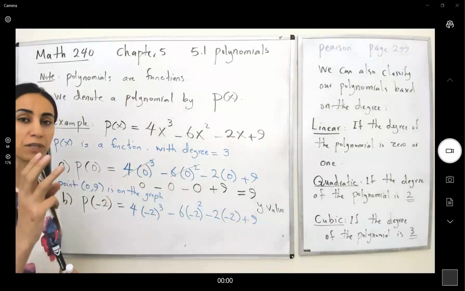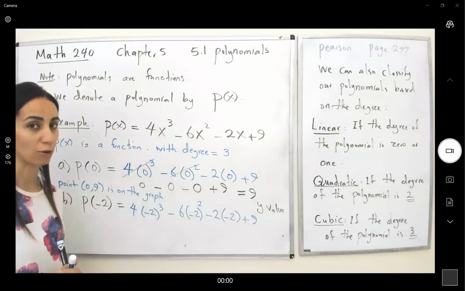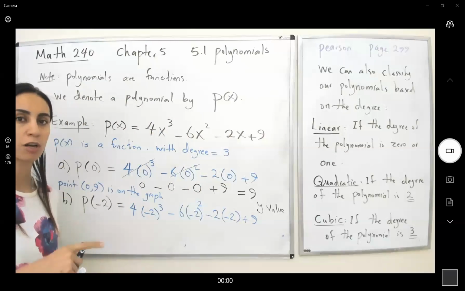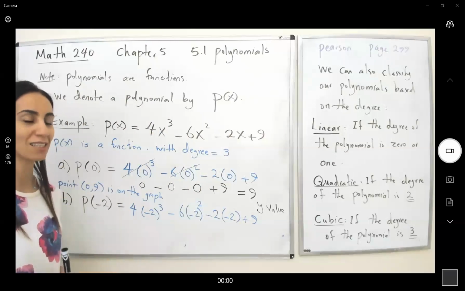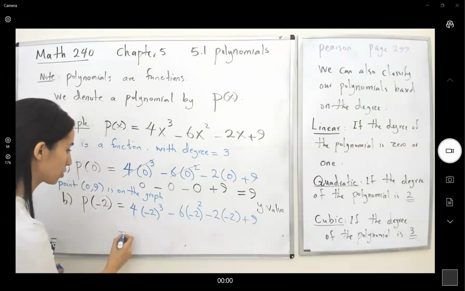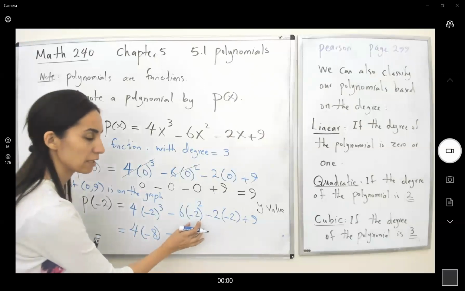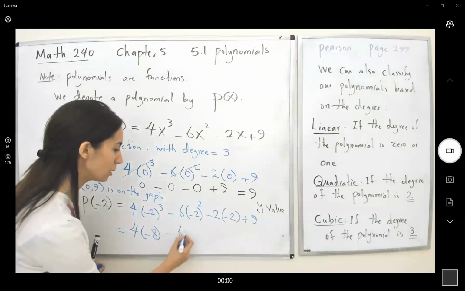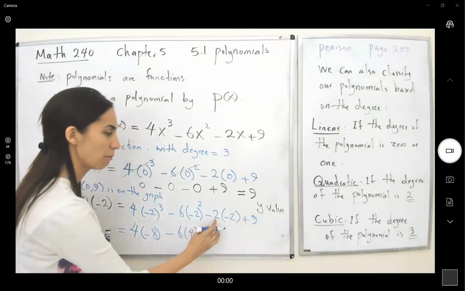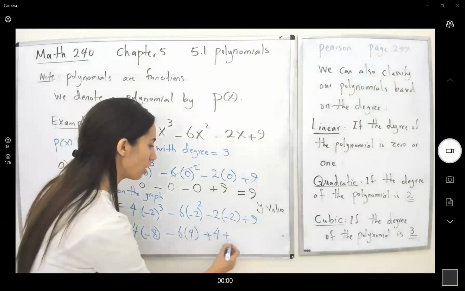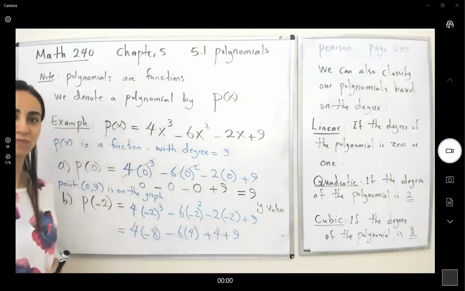You have 3 negative signs. The outcome is going to be negative. 2 times 2 is 4. 4 times 2 is 8. So here you have 4 times negative 8 minus negative 2 times negative 2. It's going to be positive 4 minus 2 times minus 2 plus 4 plus 9.